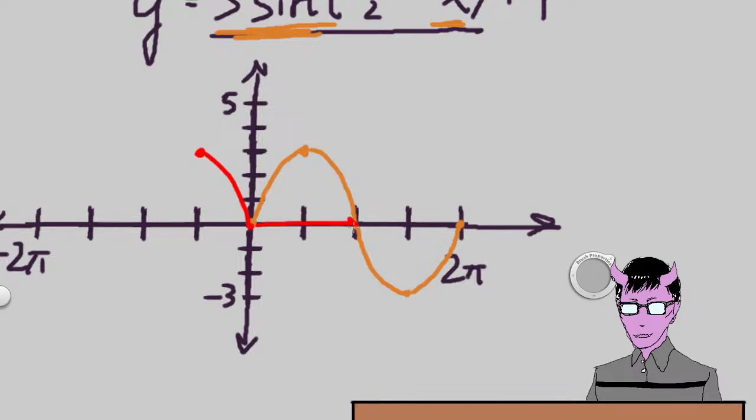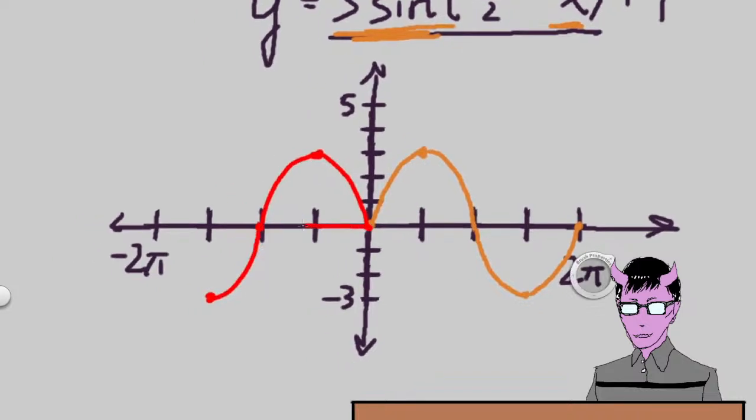Instead of 2 spaces to the right to hit 0, it's 2 spaces to the left to hit 0. Instead of 3 spaces to the right to hit minimum, it's 3 spaces to the left to hit minimum. And instead of 4 spaces to the right to hit reset, for the purposes of graphing, it's 4 spaces to the left to hit reset.